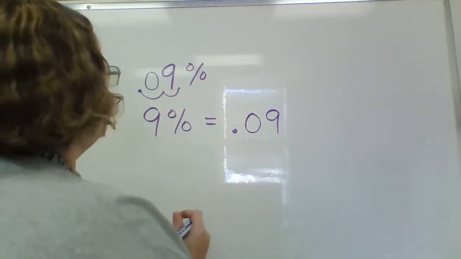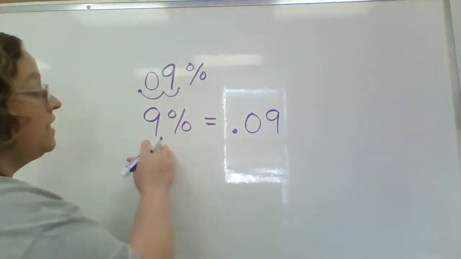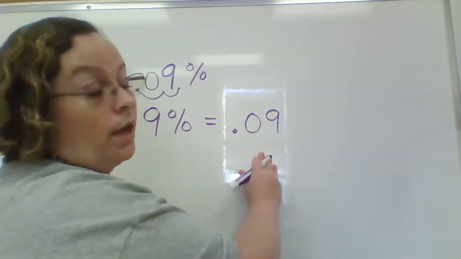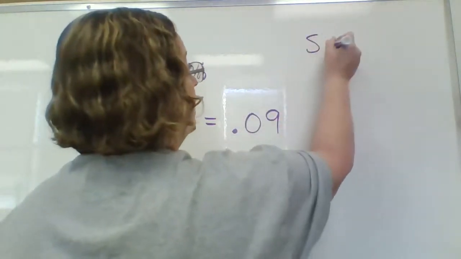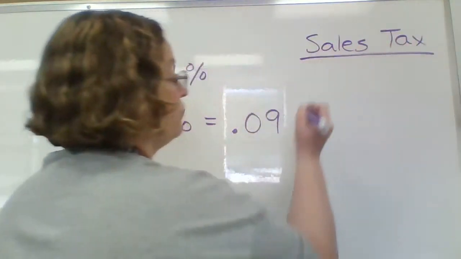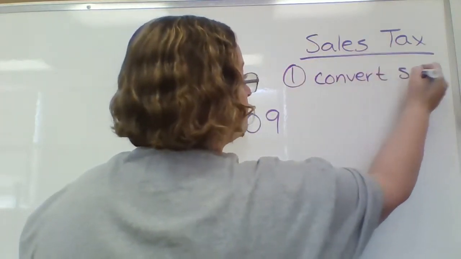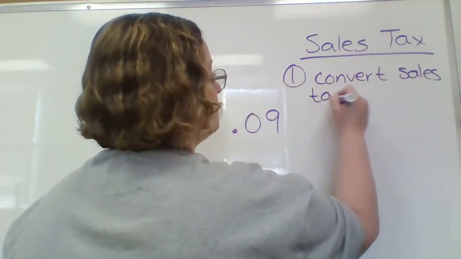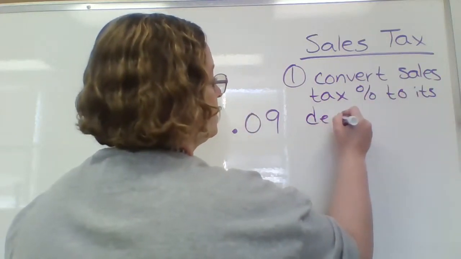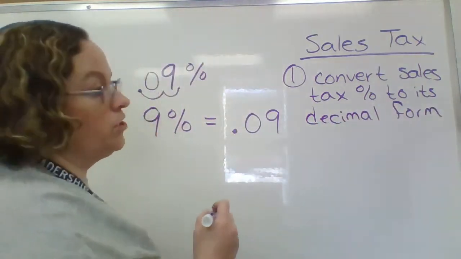All right. So now with sales tax, remember, you take whatever the percentage is, you convert it to its decimal form. Let's write it down in case we forgot from last week. So we have our sales tax. The first thing we've got to do is convert our sales tax percentage to its decimal form.